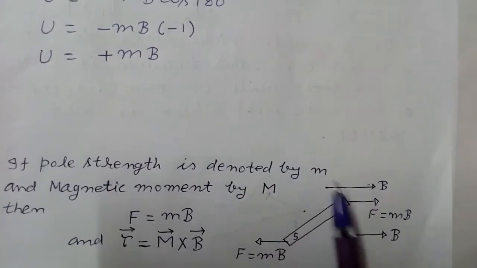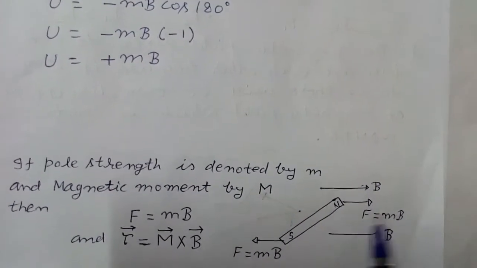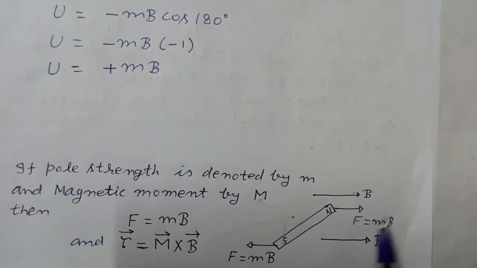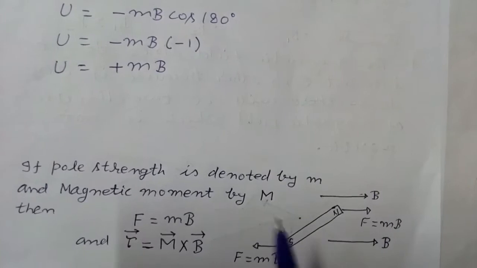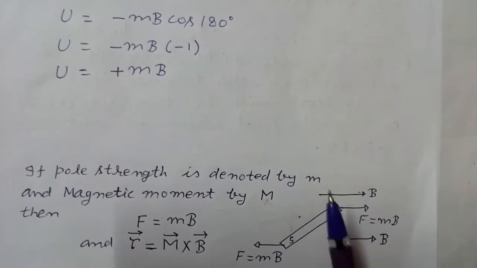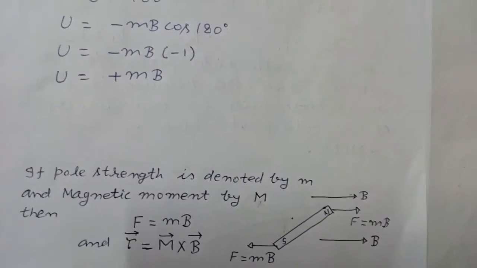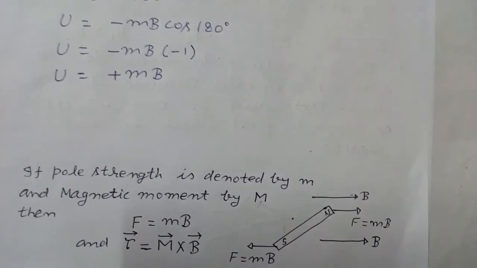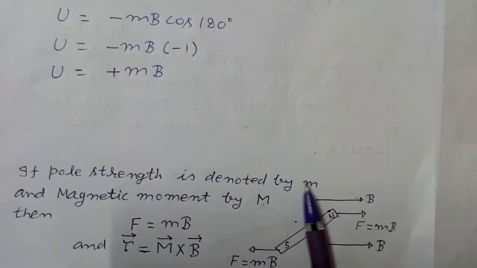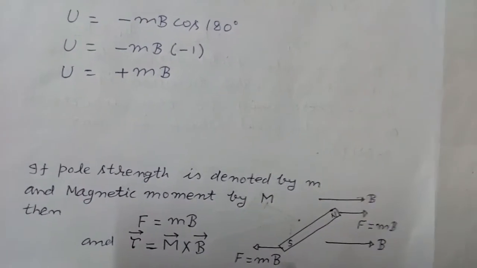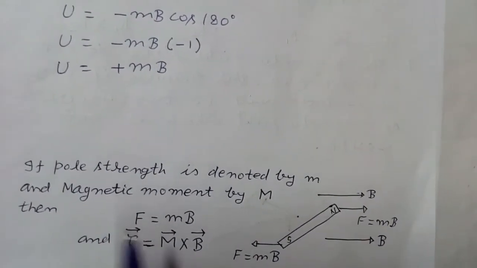Now here this m is pole strength. Now m is a scalar quantity, pole strength is scalar but magnetic moment is a vector. So in books where m is taken as magnetic moment, there is a vector sign and it is typed in bold letters. So this thing must be clear in your mind.